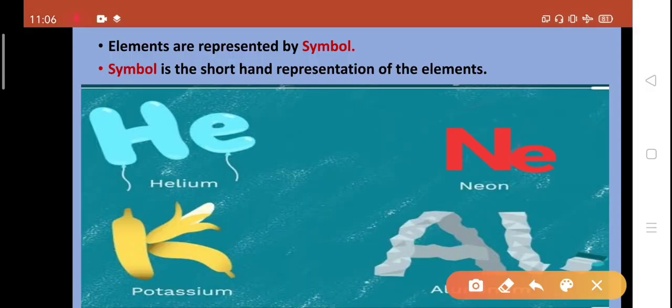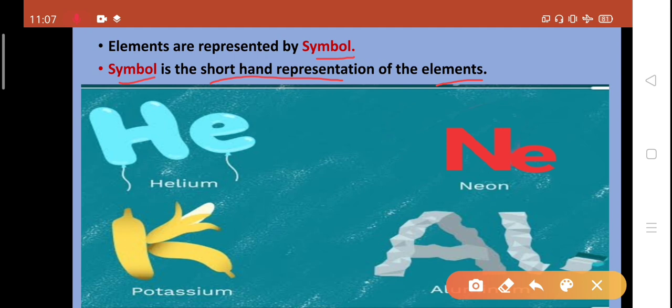Elements are represented by symbols. Now, what is this symbol? Symbol is the shorthand representation of the elements. You know, children, it is very difficult sometimes to write the long name of some substances.